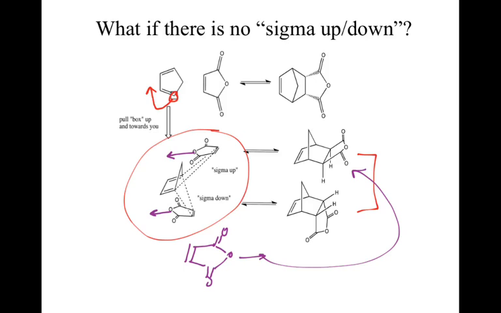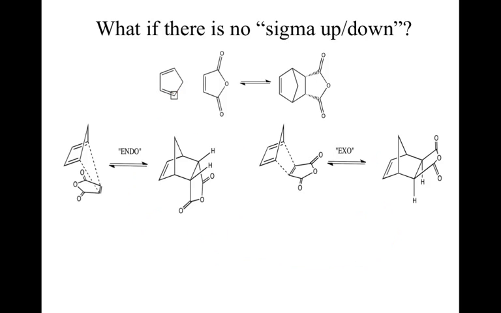So, ouch. We hoped that we could get rid of sigma up and sigma down, and instead what we do is introduce a whole other problem. And this problem was well studied before, and it gets referenced by different names. We end up with an endo orientation and an exo orientation. Whatever you can do to come up with something to remember that is kudos to you.